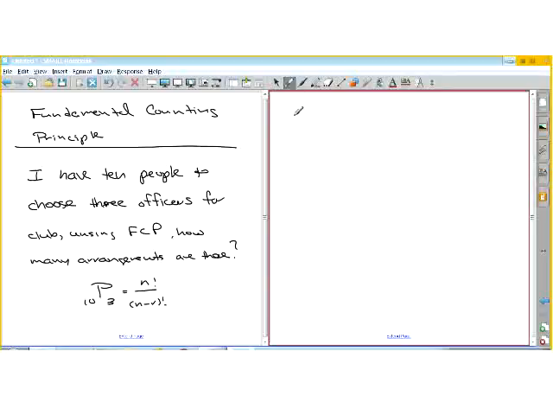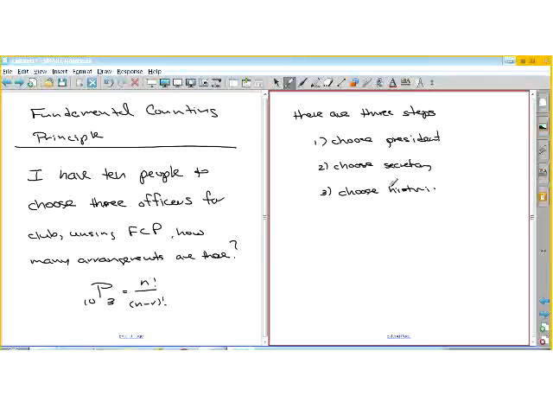But using the fundamental counting principle, what I would say is there are 3 steps. 1, choose president. 2, choose secretary, whatever the officers are. I didn't say what they were in the problem statement, but choose historian, just to be different. We're not dealing with money. So those are the steps.